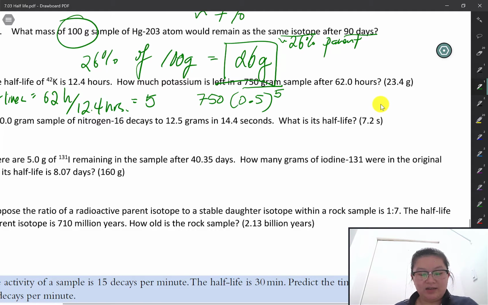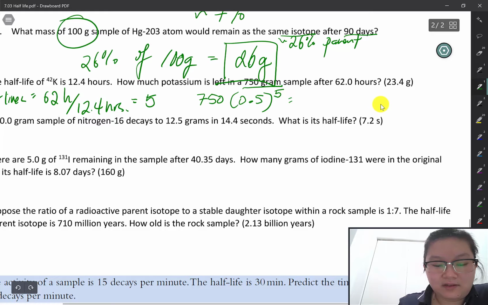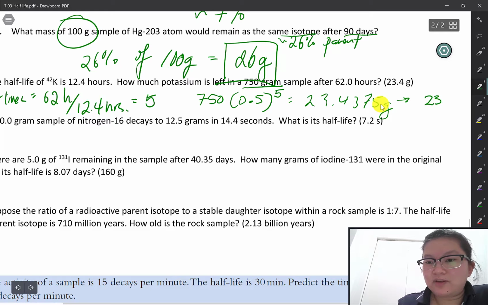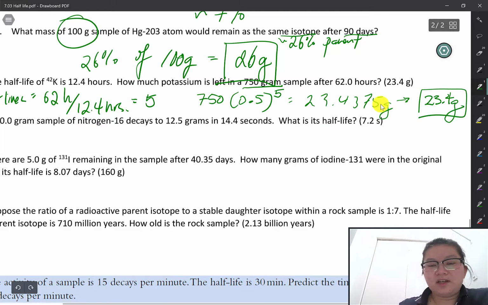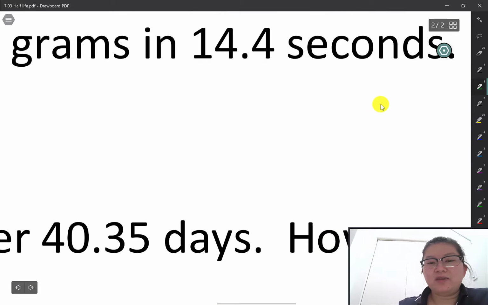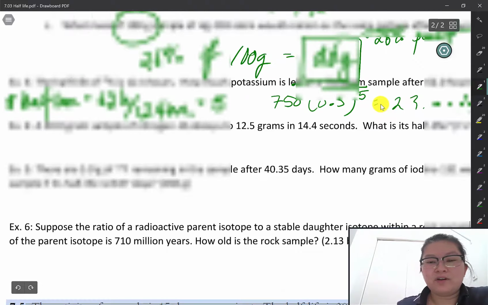Putting that into my calculator gives 23.437 grams. Rounding to 3 sig figs, this is 23.4 grams. You're going to be left with the same units you start with.